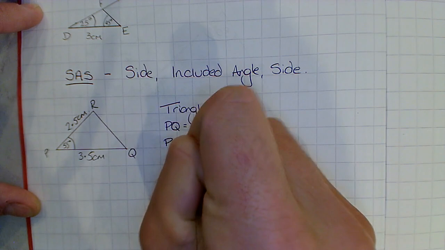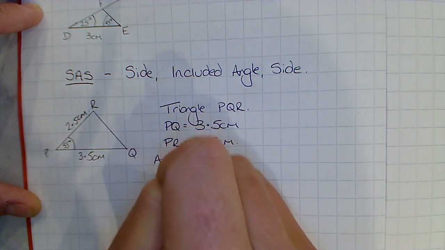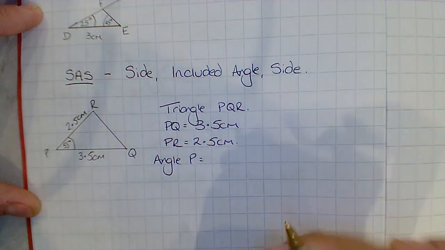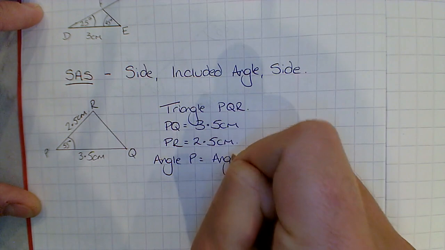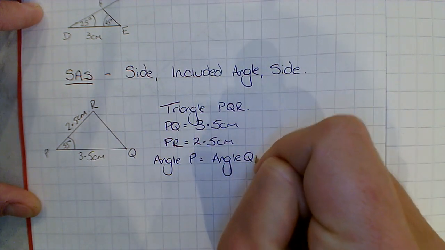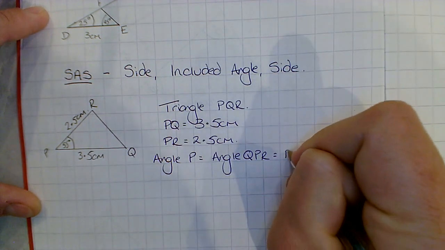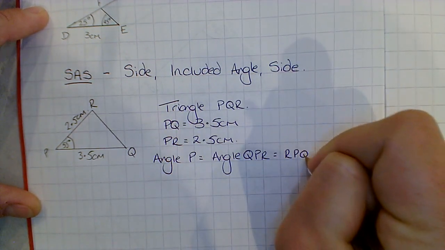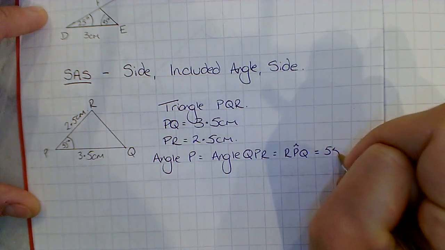PR is 2.5 centimetres, and we would say angle P, which is the same as we could say angle QPR, or it's the same as just writing RPQ with a hat on the P, and we know that's 55 degrees.